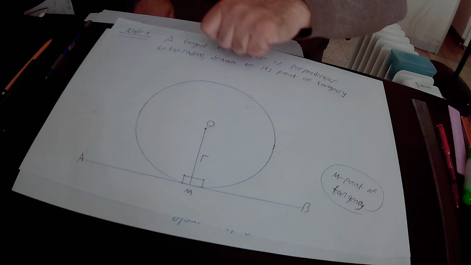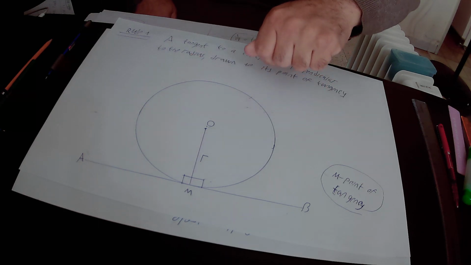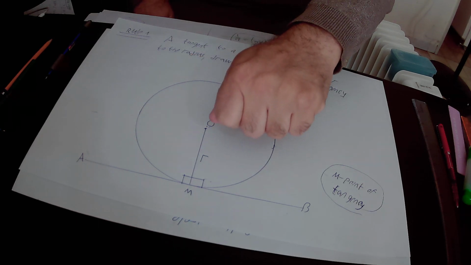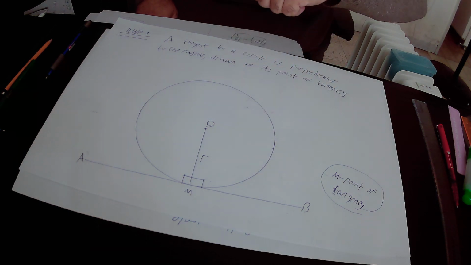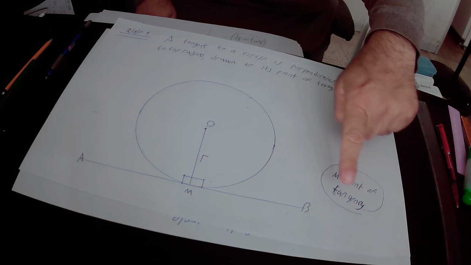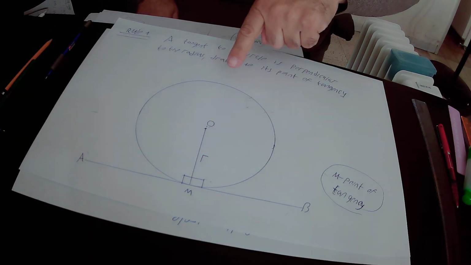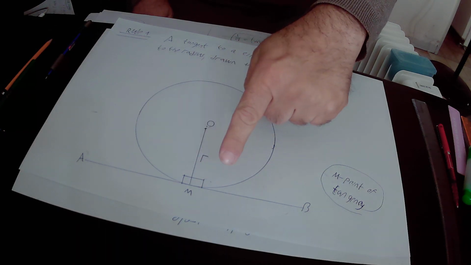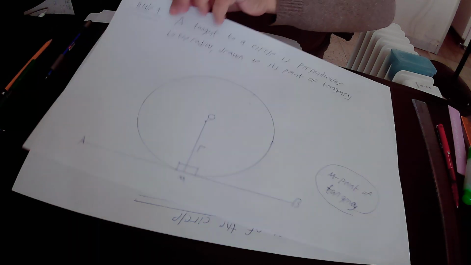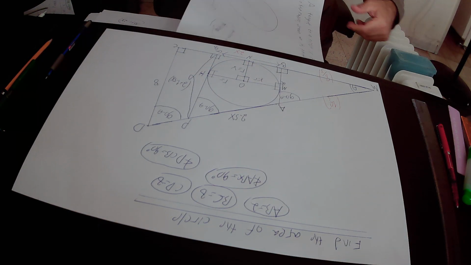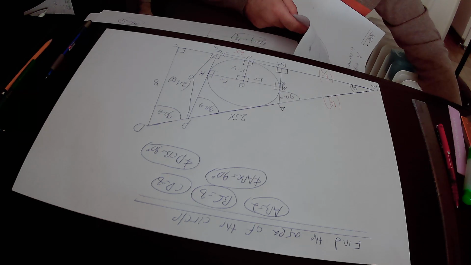Here we have the radius OM drawn to the point of tangency, that is, to point M. And whenever a radius is drawn to the point of tangency, the tangent AB will be perpendicular to MO. That is to say, this angle equals 90 degrees and this angle also equals 90 degrees according to rule number 1. So we can apply rule number 1 in our drawing.